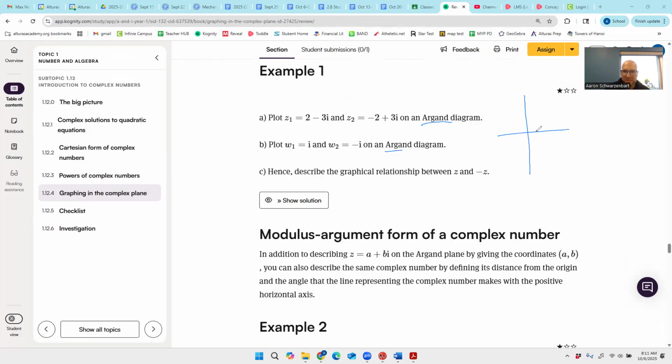2 minus 3i. -2 plus 3i. And they have me do i and -i.